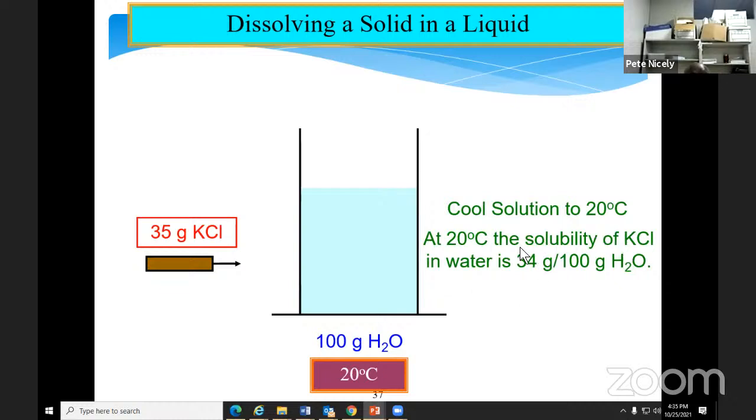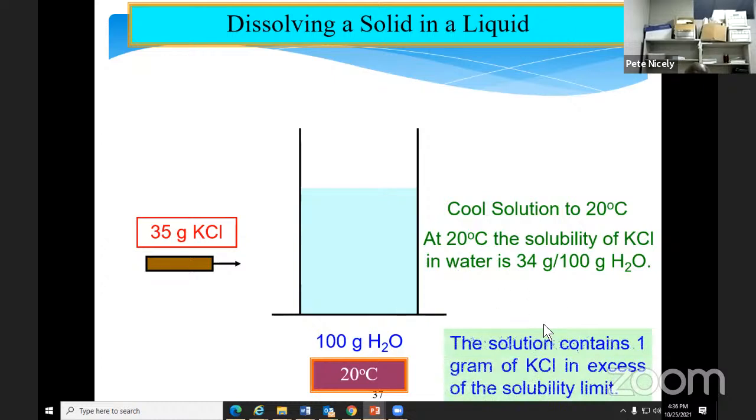Remember, the solubility of potassium chloride is 34 grams per 100 grams of water at 20 degrees. But if you cool this solution, which has 35 grams of potassium chloride per 100 grams, you will not find any solid potassium chloride forming from the solution.